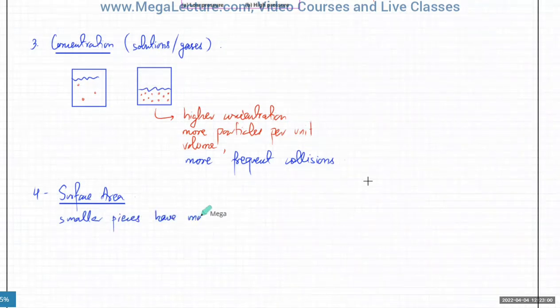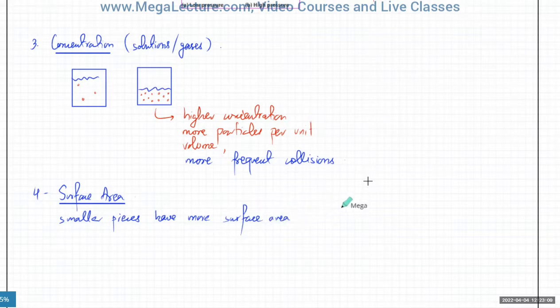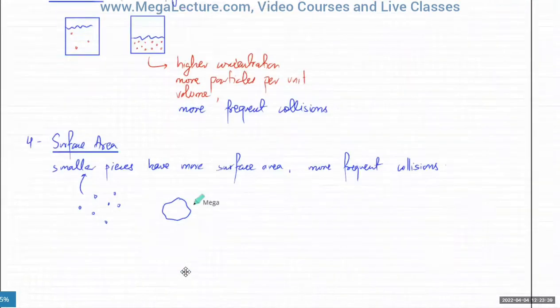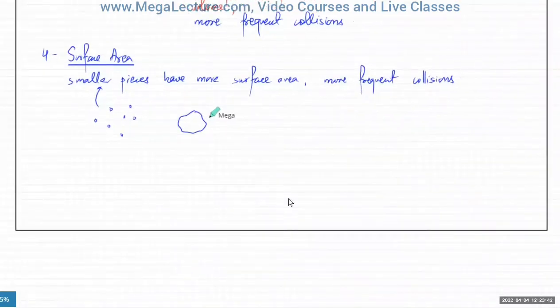More of their surface would be exposed, so you're going to have more frequent collisions. If you have one big lump instead of smaller pieces, the particles inside the lump will not be able to react because the surface is not exposed. So that is surface area, and again, you're going to have just more frequent collisions.